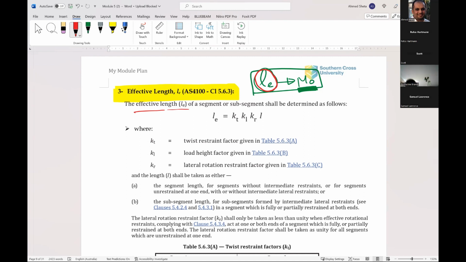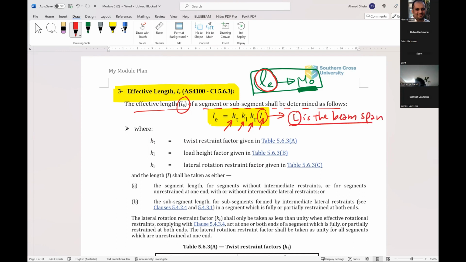L effective is determined as follows: L effective equals KT times KL times KR times L, where L is the beam or segment span, which is the length of the beam.